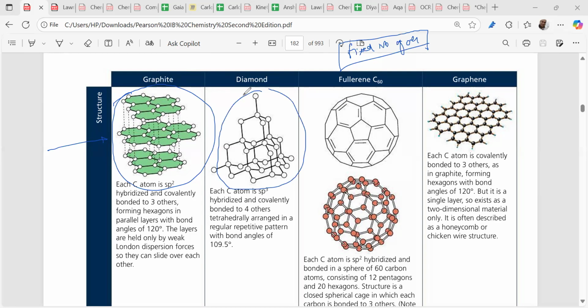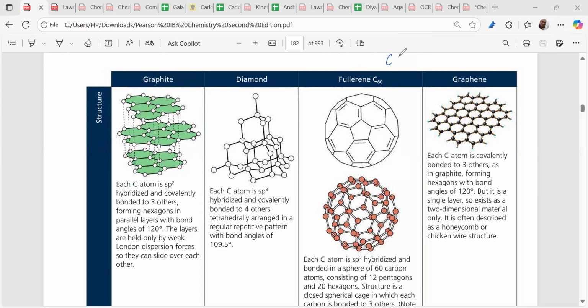Diamond, does it have a fixed number of atoms? No, it does not. But in fullerene, we have a fixed number of atoms, C60. So fullerene is called a molecule because it has covalent bonds only and, second, it has a fixed number of atoms.